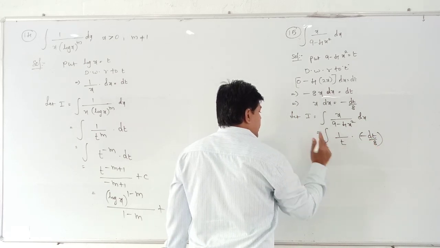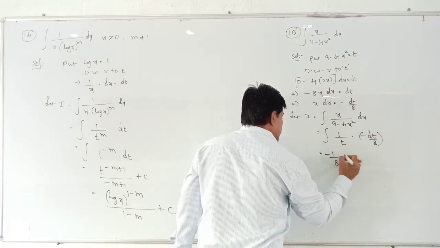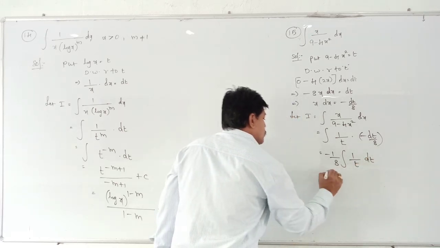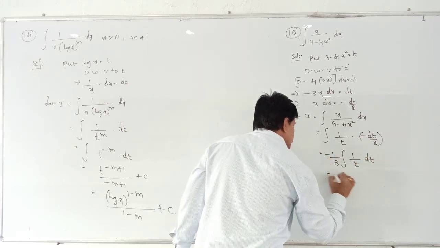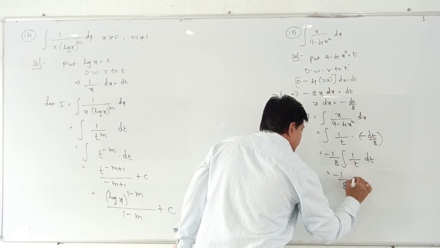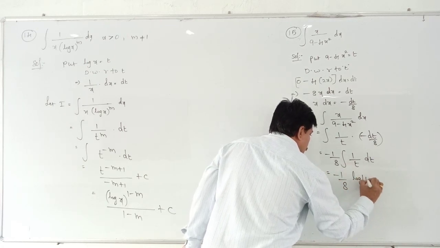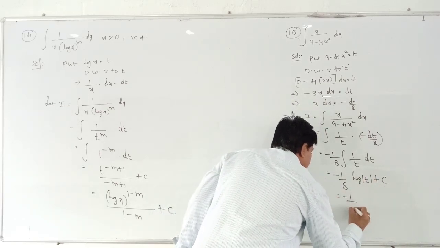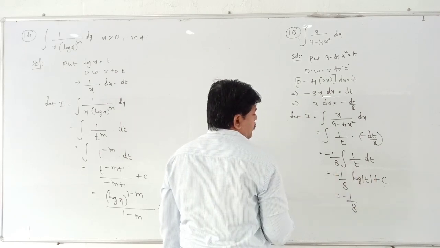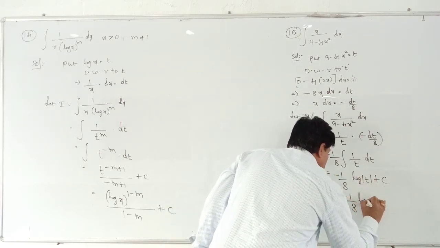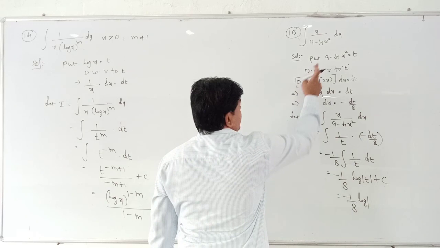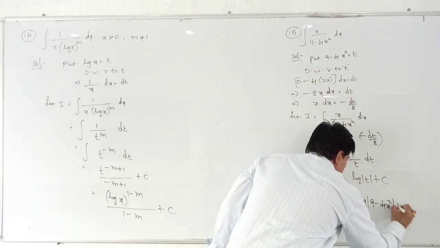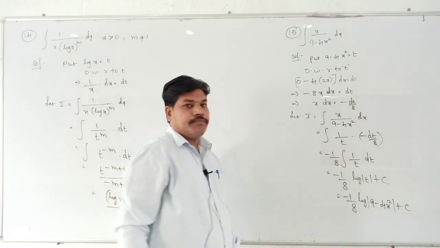Take this minus out, minus 1 by 8, integral of 1 by t into dt. That is equal to minus 1 by 8, and integral of 1 by t is log of mod t plus c. What is the t value? t value is 9 minus 4x square. So minus 1 by 8 log of mod 9 minus 4x square plus c.